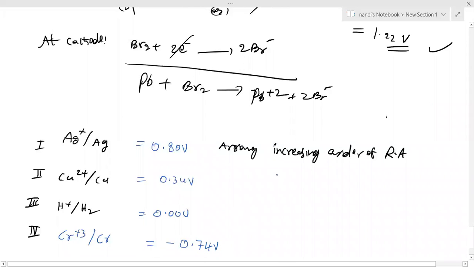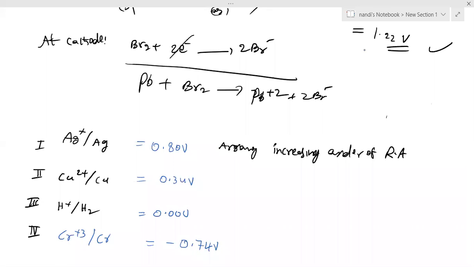What is the order of reducing character? Which is a strong reducing agent? Mahavishnu, correct answer. Stanley, correct answer. Vimal Raj, correct answer.